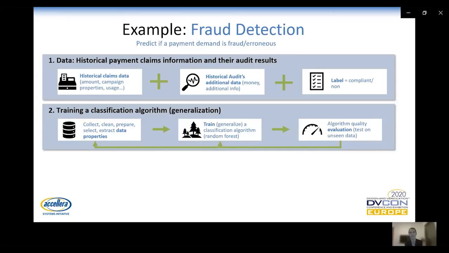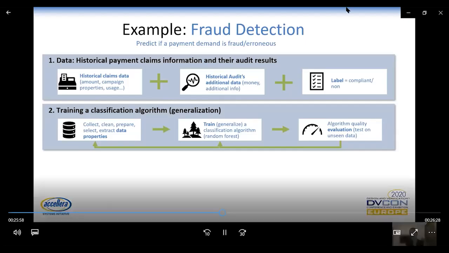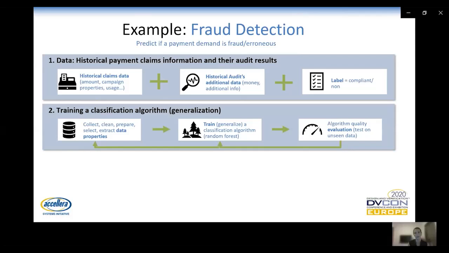And we actually know if they were found as non-compliant or compliant. And then we could evaluate the quality of the algorithm that we have at hand. Out of the ones that were found compliant, in how many cases did the algorithm actually predict that accurately?